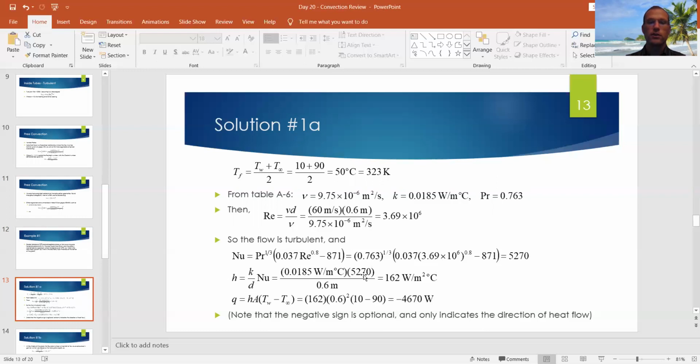So the k value, Nusselt number, length of 0.6 meters, gives me 162 watts per meter squared Celsius for my convective heat transfer coefficient. And again, standard convection equation, Q is h times A times (T wall minus T infinity). So h of 162, area 0.6 squared, temperature difference of 90 minus 10, gives me 4,670 watts. The negative sign is optional; it just tells you whether the plate is being heated up or cooled down.